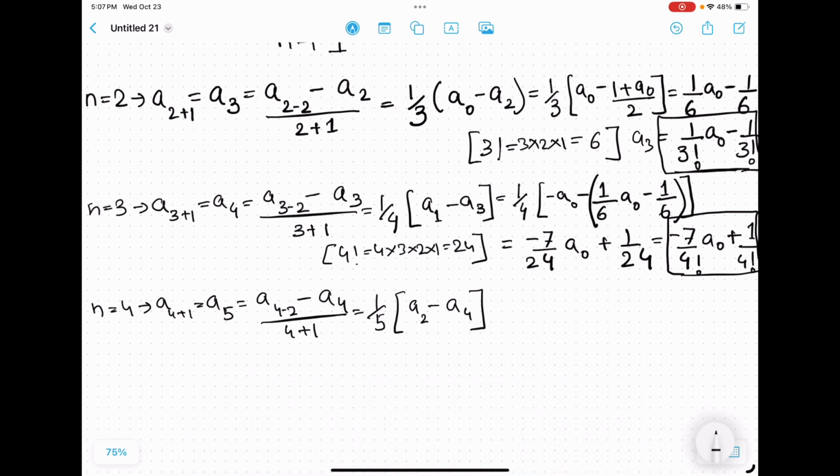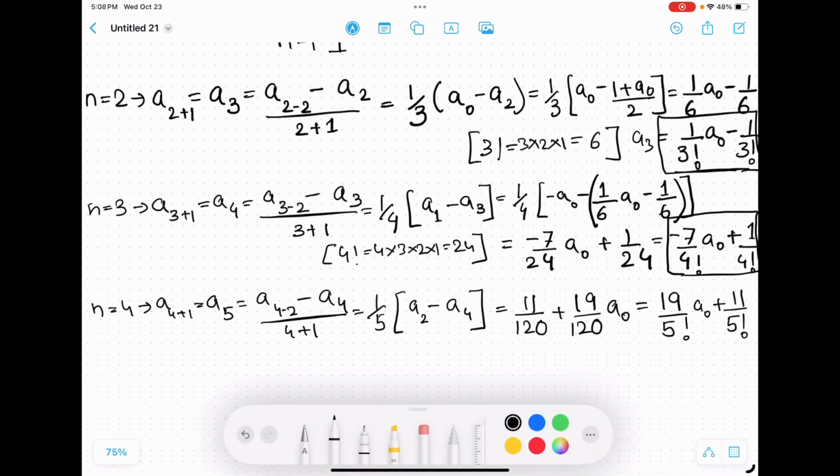All right. So if I plug in my a sub 2 and my a sub 4, you will notice that I get 11 by 120 plus 19 by 120 a sub 0, which is basically the same thing as 19 by 5 factorial a sub 0 plus 11 by 5 factorial.